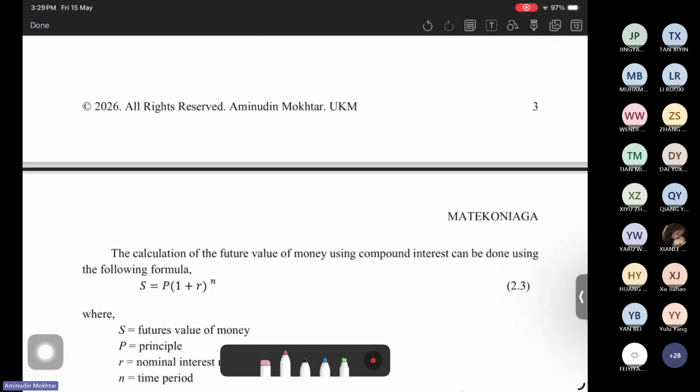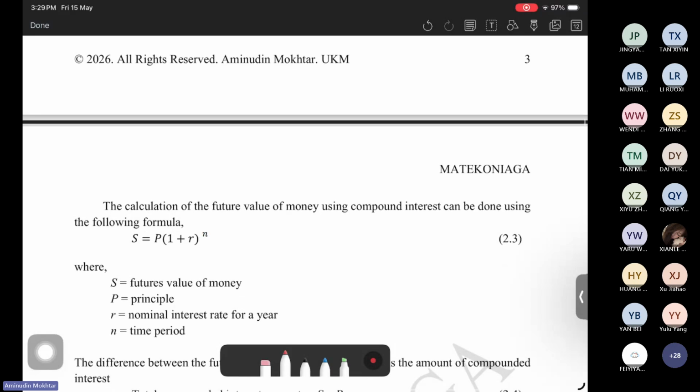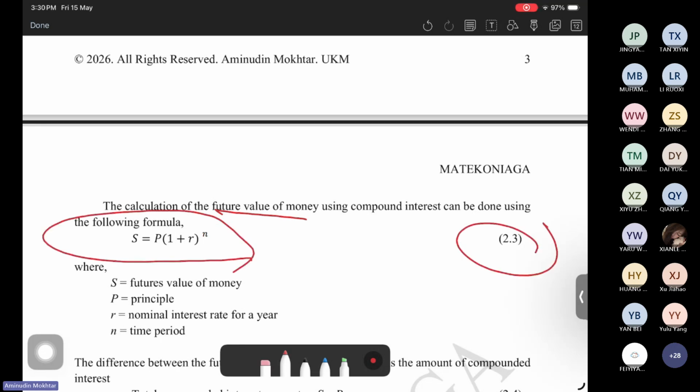So in summary, we can summarize this concept based on the calculation of future value of money. The calculation of future value of money by using the compound interest can be done using this formula 2.3. S equal to P times 1 plus R to the power of N. That is a very important formula.